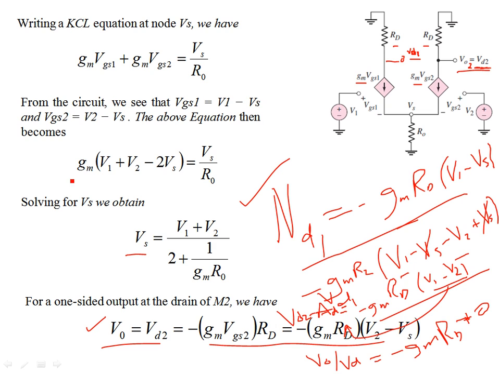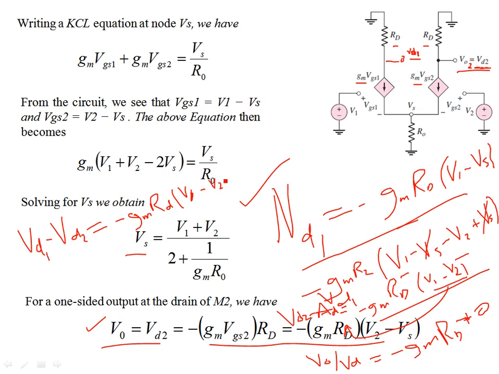Okay, and the difference of the drain voltage of the first MOSFET, VD1, and the drain voltage of the second MOSFET is not simply minus GM RD into VD. It's not simply the difference of these two voltages, V2 minus V1, V1 minus V2.